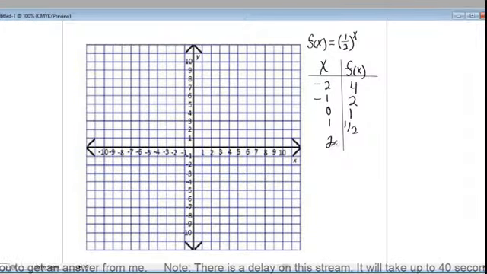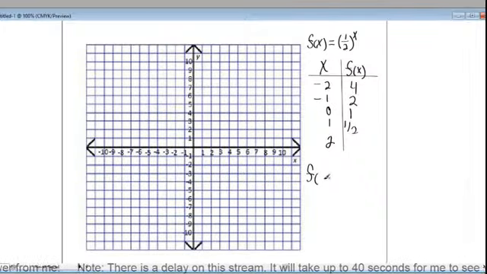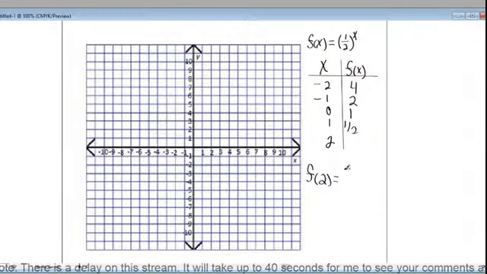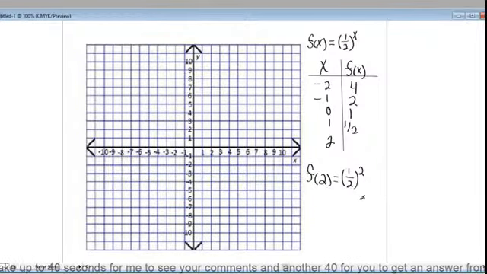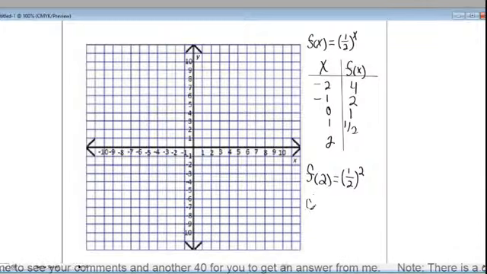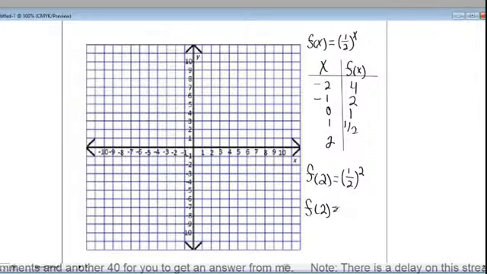So let's do 2 in for x. F of 2 equals 1/2 to the second power. Okay, so multiply this by itself then. So 1/2 times 1/2, multiply the tops and multiply the bottoms. So 1 times 1 is 1, 2 times 2 is 4. And that means that f of 2 equals 1/4.